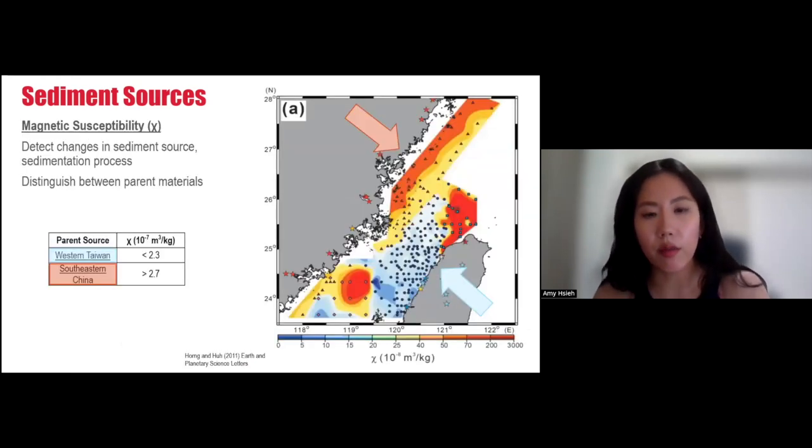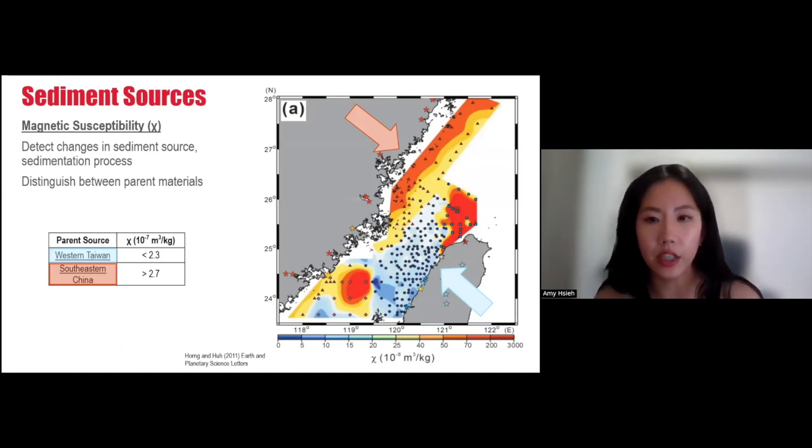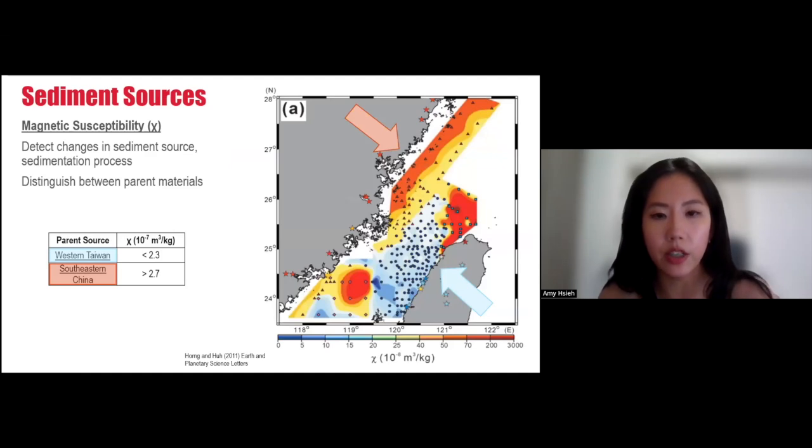And I also looked at rock magnetic susceptibility to detect changes in sediment source. Variations in magnetic susceptibility can be tied to changes in sedimentation processes like erosion, transport, and deposition. And by extension, this can provide information on where the sediment came from and how it was transported to the basin.